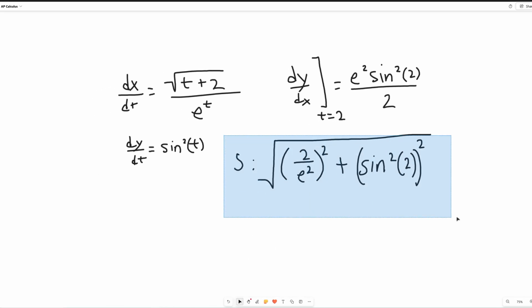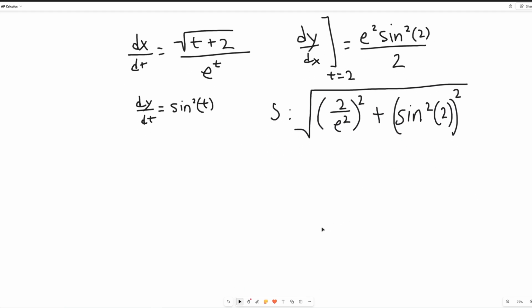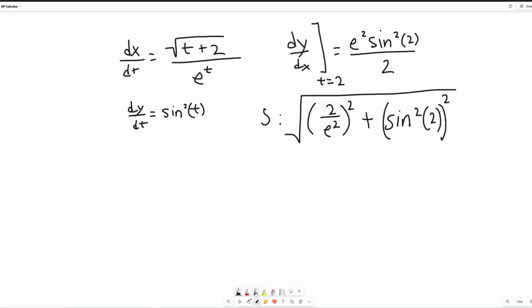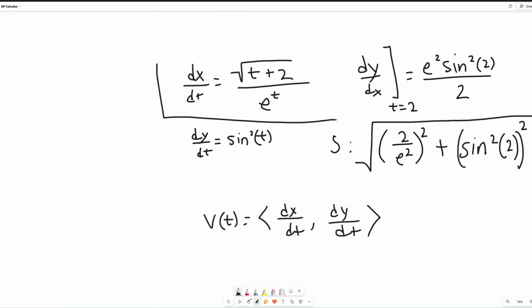Okay. Third part, find the acceleration vector at t equals 4. So our velocity vector, we know, is dx over dt, comma, dy over dt. Well, we have dx over dt, and we have dy over dt.